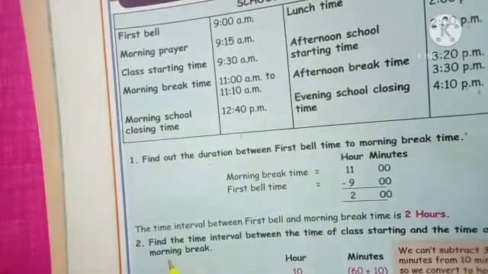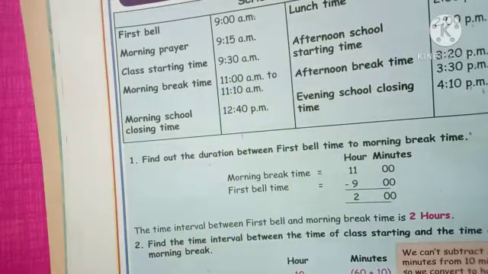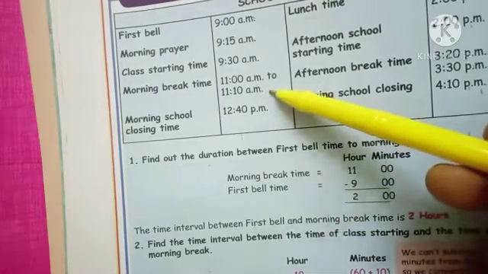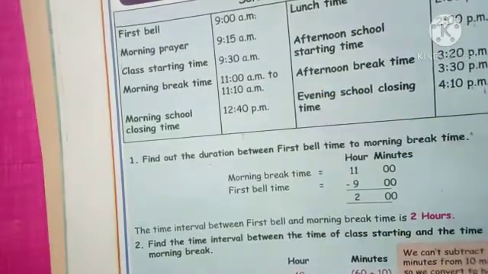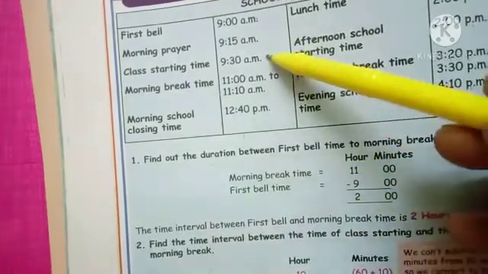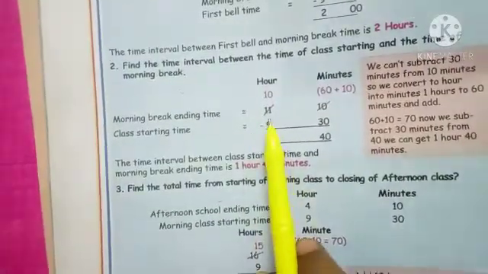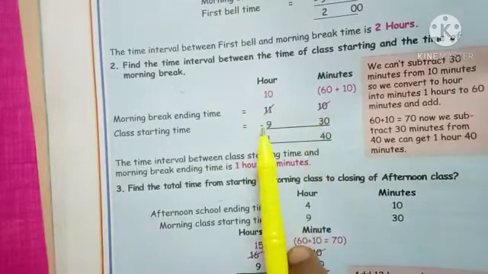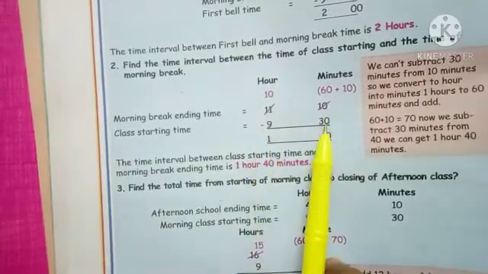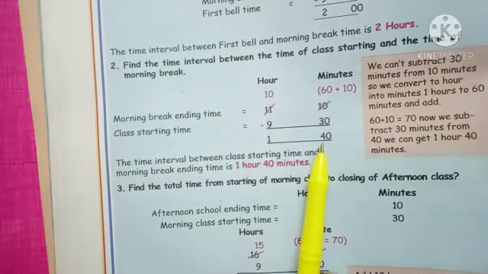Now do the subtraction: 11:10 minus 9:30. Find the time duration.